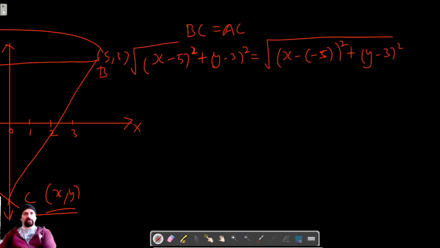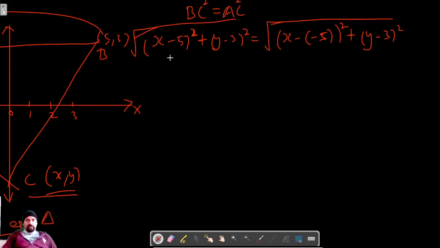And this whole thing is under root, and the root gets cancelled if we square them. So now we have x minus 5 the whole square, which means a minus b the whole square.